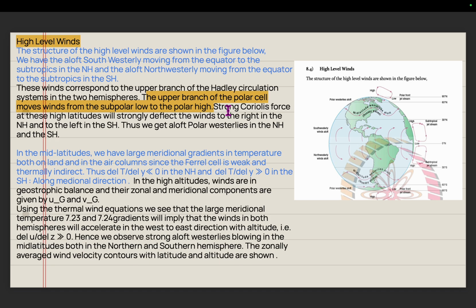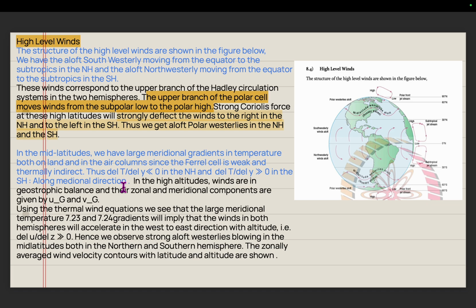So this Coriolis force deflects them toward the horizontal direction. Strong Coriolis force at high latitude, greater than 60 degrees, strongly deflects these winds to the right in the northern hemisphere and to the left in the southern hemisphere. So this upper branch of the polar cell has a west to east direction, and these are known as the polar westerlies.